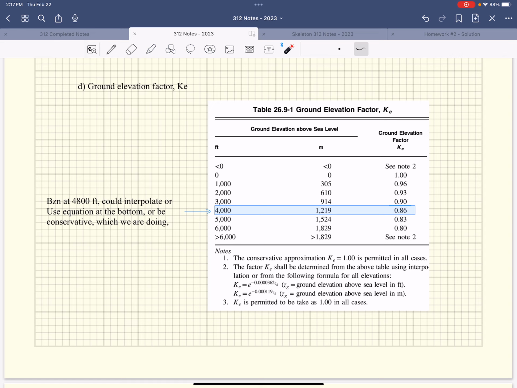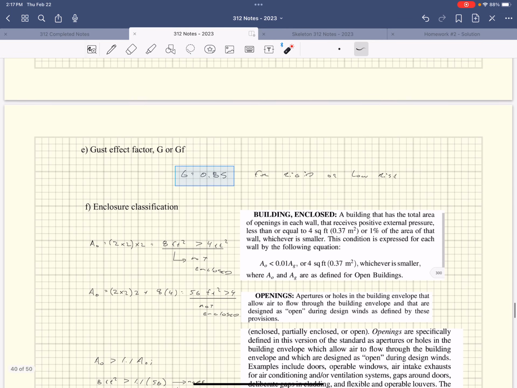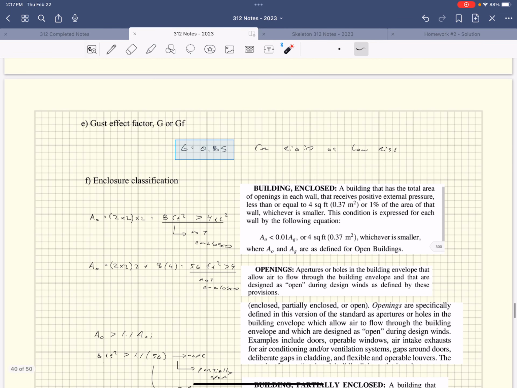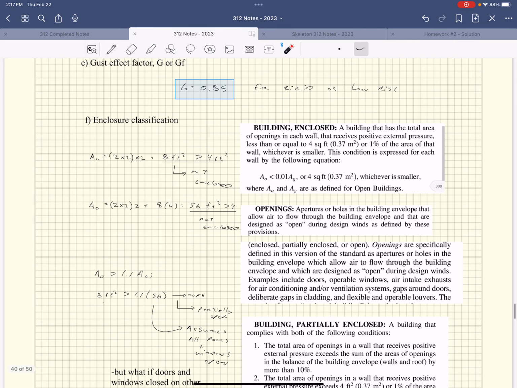In our case, we're just going to be conservative and go with the value as if we were at 4,000 feet. So we're going to use a value of 0.86 for this KE value. Okay. Then we come to the gust effect factor for rigid buildings or low-rise buildings. That gust effect factor is 0.85. This is to try to account for dynamic effects, which is beyond the scope of this class. We're going to stick to the rigid case where G is equal to 0.85.